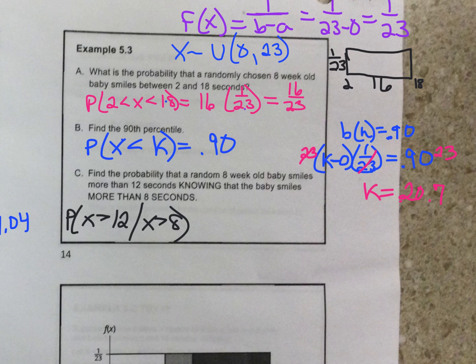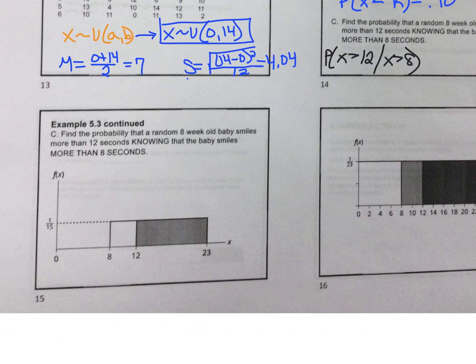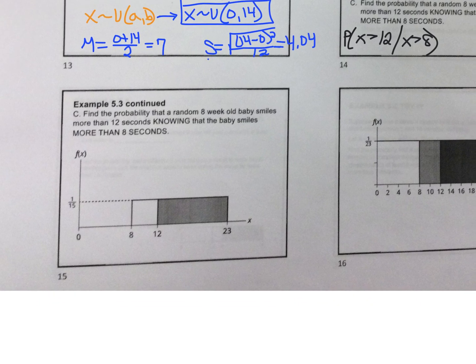Let's draw that out on our next slide. I have this slide, and I'm going to rewrite that. We're looking for the probability that x is greater than 12 given that it's greater than 8.